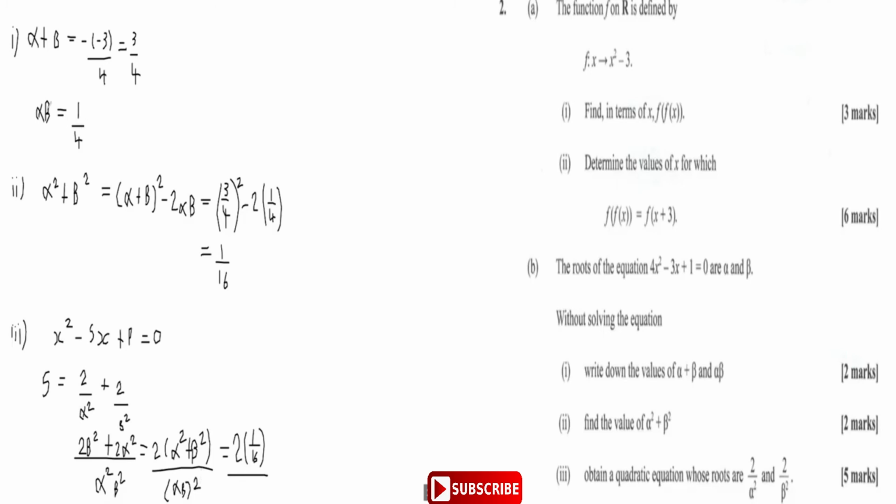Alpha beta is 1 over 4, so it is being divided by 1 over 4 squared. So you put this in a calculator and you work it out. 2 times 1 over 16 is 1 over 8, and 1 over 8 is divided by a quarter squared. This works out to be 2. So the sum of these two roots works out to be 2.